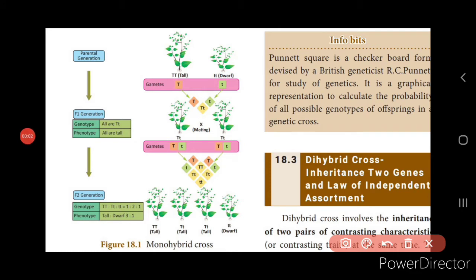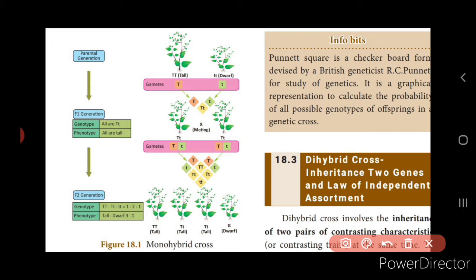Now here you can see the monohybrid cross, that is the inheritance of one gene, right? So the crossing involving the inheritance of only one contrasting character is called the monohybrid cross.